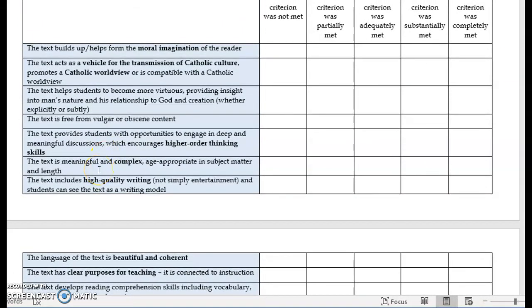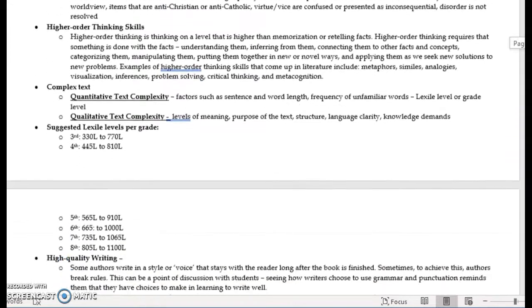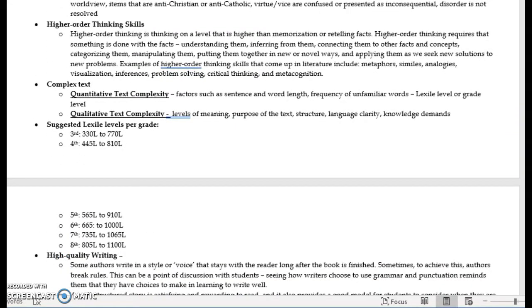The text is meaningful and complex, age-appropriate in subject matter and length. So on our definitions, there's a little bit more about text complexity. Quantitative text complexity refers to the Lexile level or grade level.